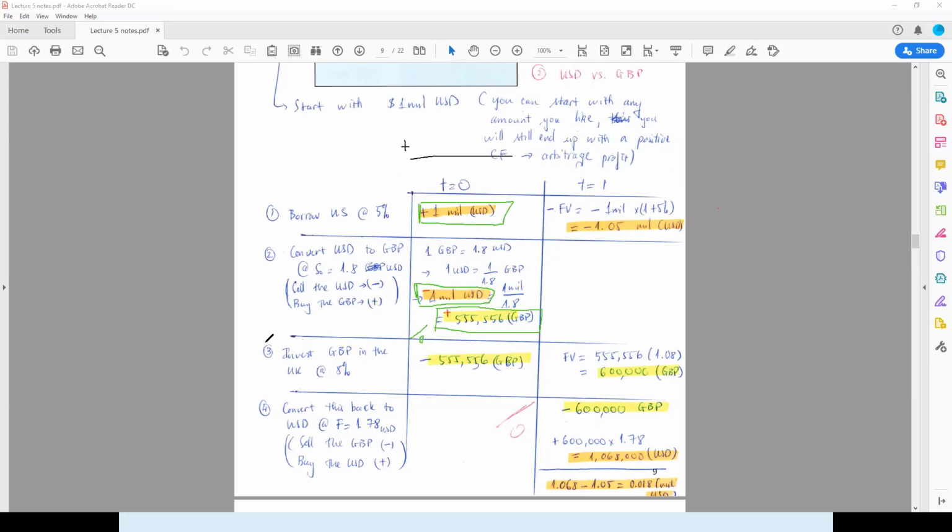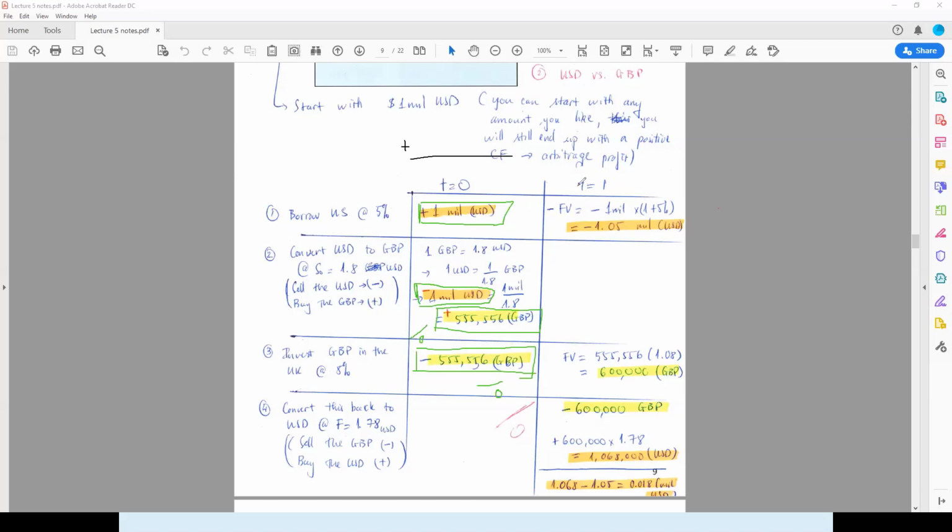Now from step 2 to step 3, from step 2, we have acquired some pounds, but in step 3, we have used that pound to invest, okay? So after step 3, our position in the pound is also 0, okay? So these transactions, they finance themselves, and therefore at time 0, I am not out of pocket anything, okay?